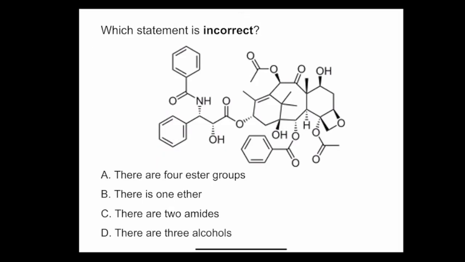What about this? Which statement is incorrect? There are 4 esters, there's 1 ether, there are 2 amides, there are 3 alcohols. So, molecular word search. What do you got?